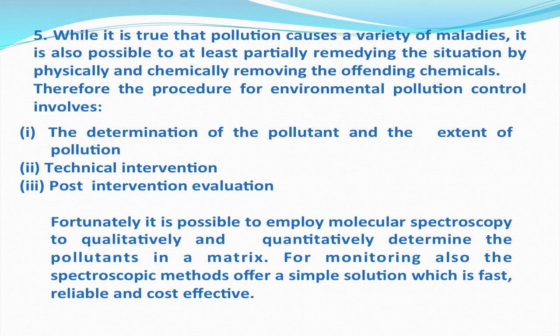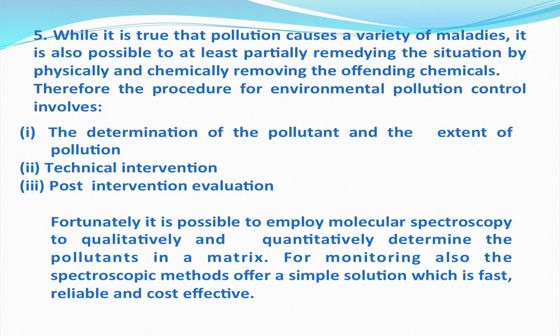Fortunately, we are in a position to employ molecular spectroscopy to qualitatively and quantitatively determine the pollutants in a given matrix. Now, you may ask me, what is a matrix? A matrix is the physical description of a system in which a pollutant is there along with other concomitant substances.